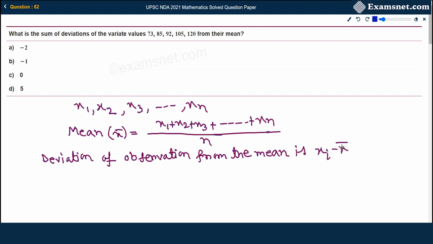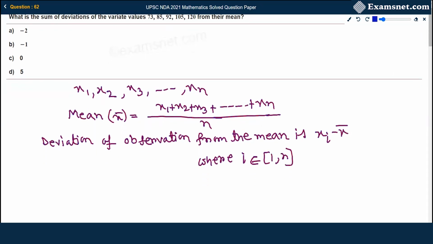Xi denotes the variates here, where i belongs to 1 comma n. So here we will use the formula for finding the deviation of the variates, that is summation i equals 1 to n of xi minus x bar. This formula we will use, right?